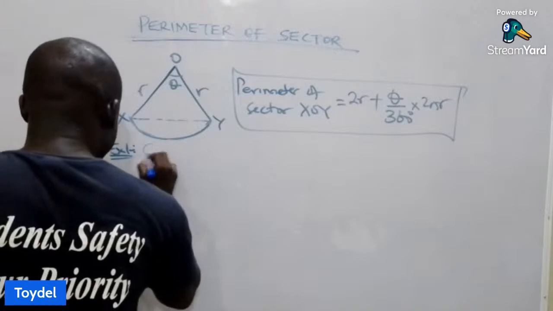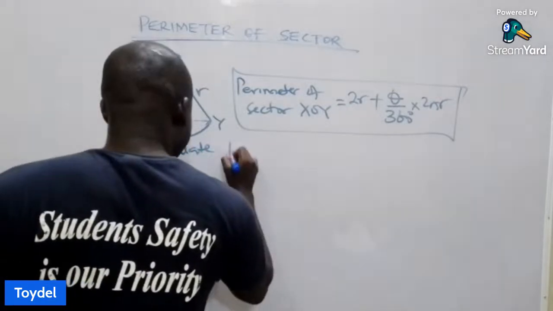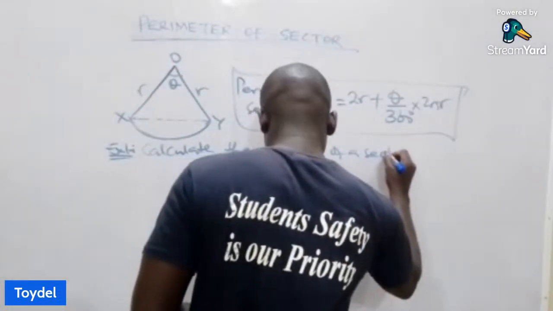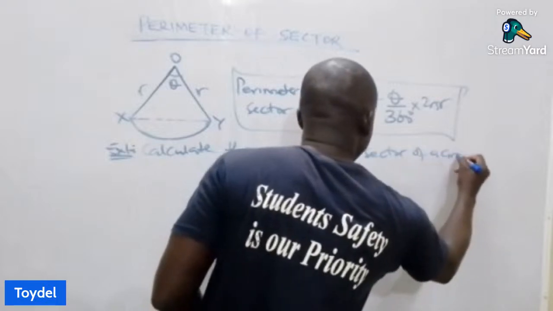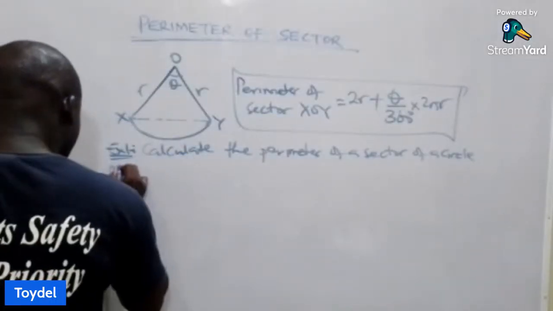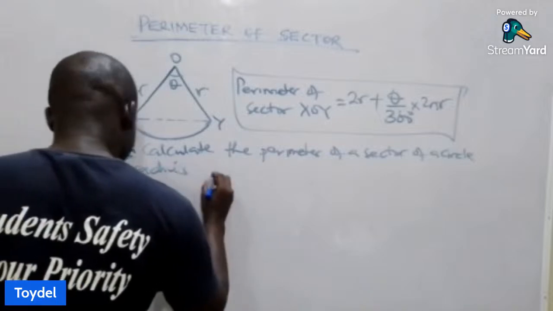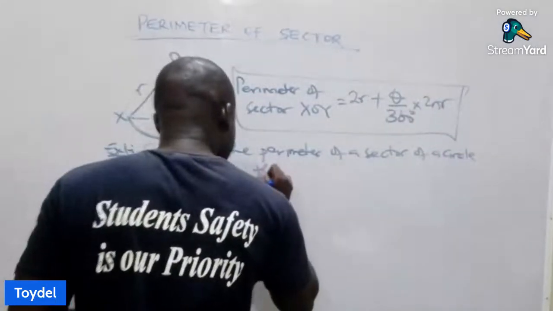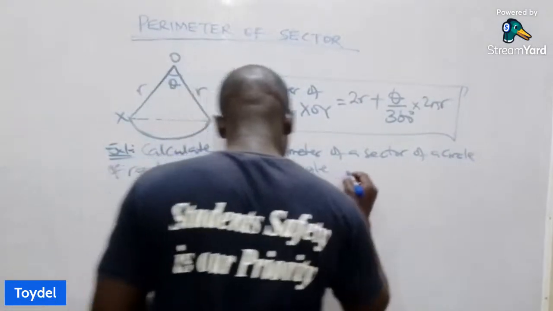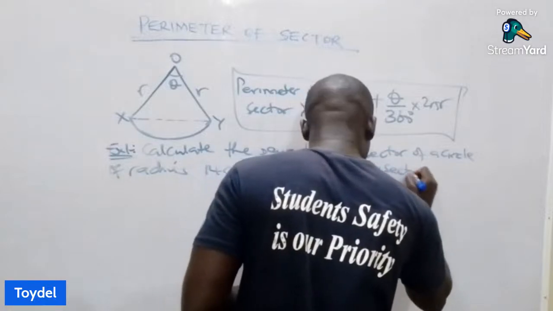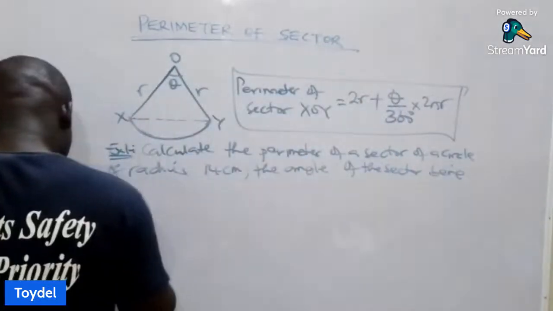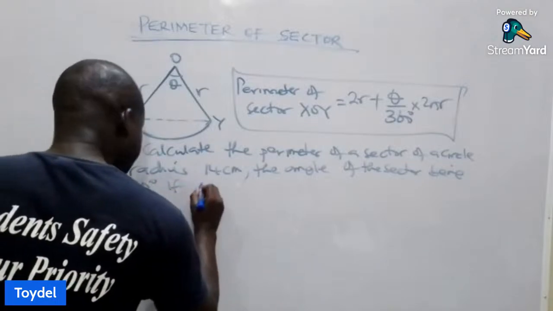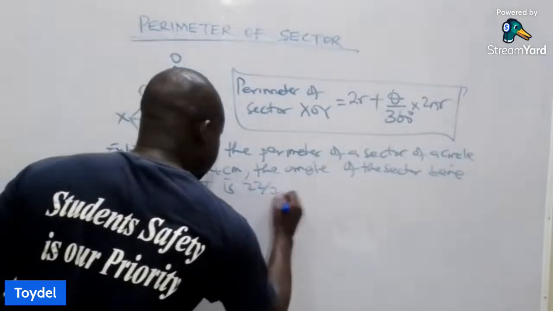The example says that we should calculate the perimeter of a sector of a circle of radius 14 centimeters, the angle of the sector being 120 degrees, if pi is 22/7.